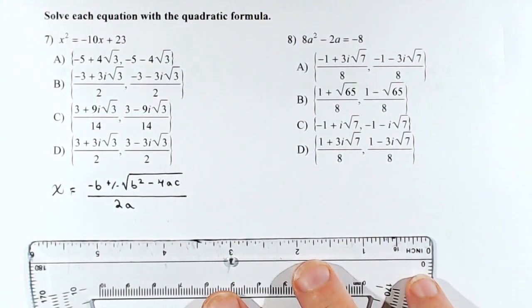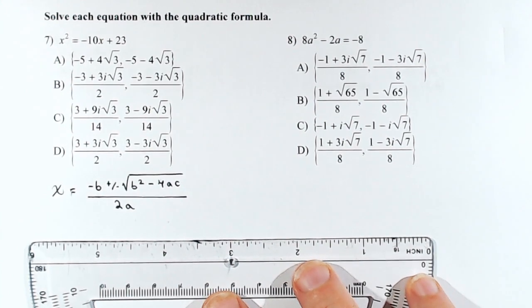So that's why it's really important to know what a, b, and c are and to have it set up in standard form before you start plugging it into this formula.